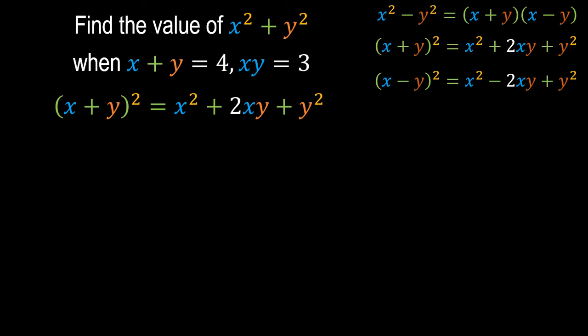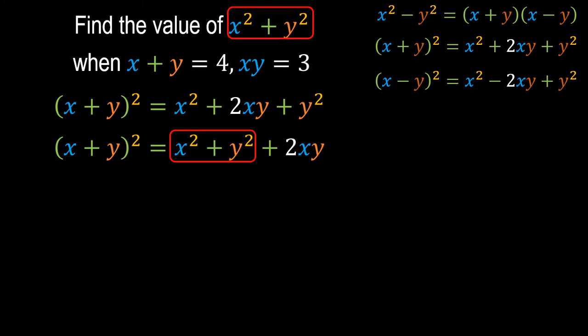As we have already discussed, to put in the values we have to switch the terms like this. We have written plus y squared before plus 2xy, which we can do according to the commutative property of addition. We can change their orders. Now we can see we have x squared plus y squared together, which we are supposed to find in this question.